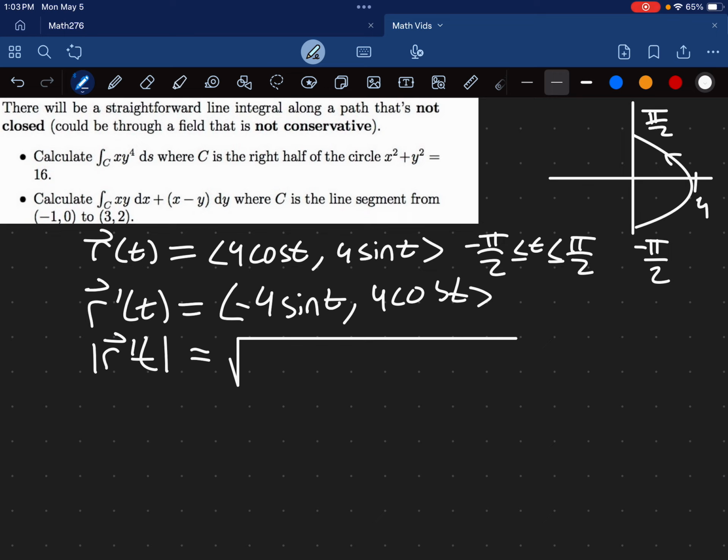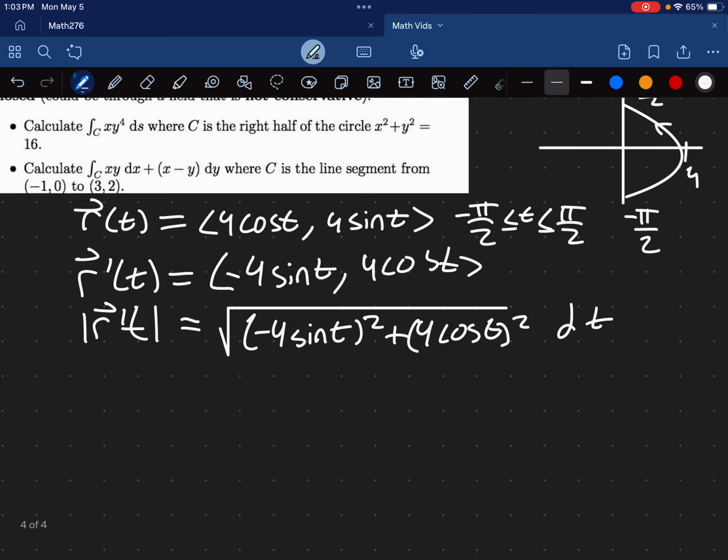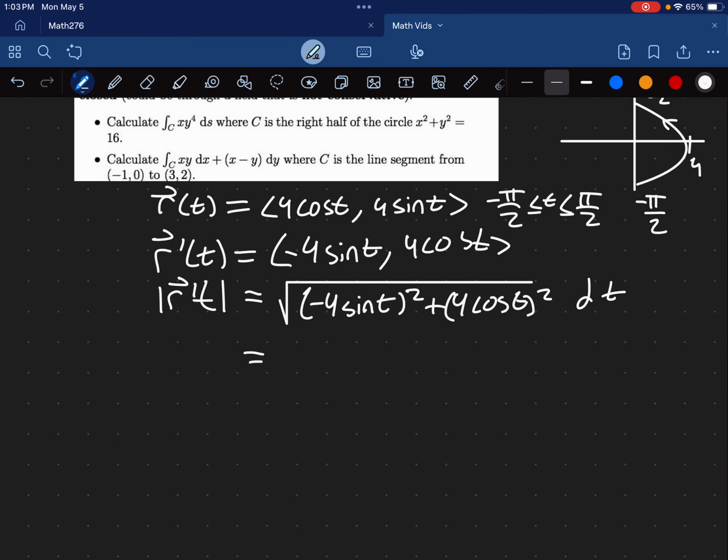if you don't remember, it's your x squared plus y squared. So in our case, I'm going to write it out all the way so we can fully see. Negative 4 sine t, squared, plus 4 cosine t, and that's all squared. We need our dt as well. Okay, so let's go ahead and simplify this a little bit.